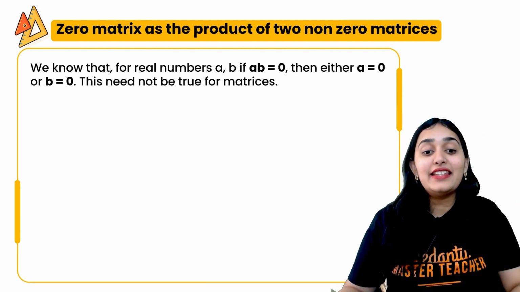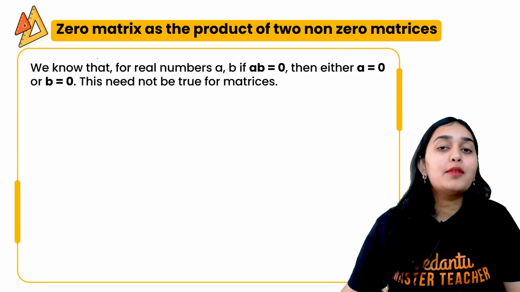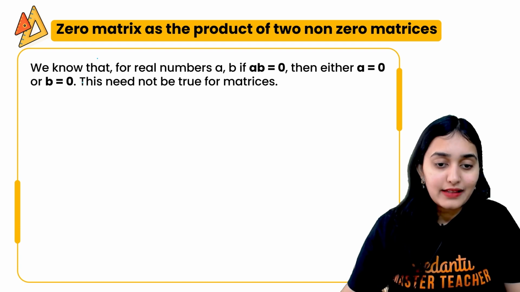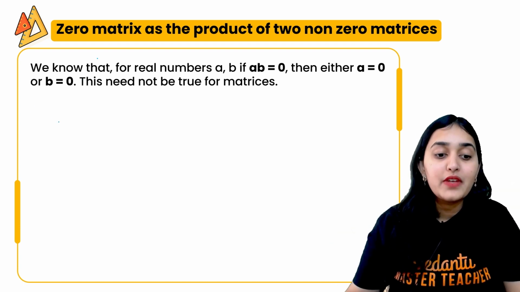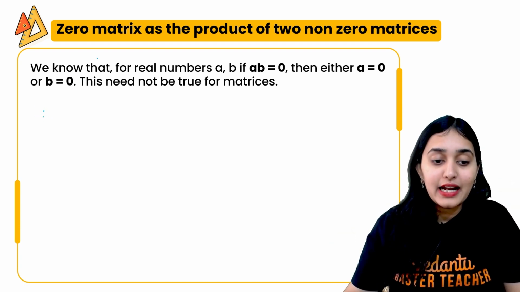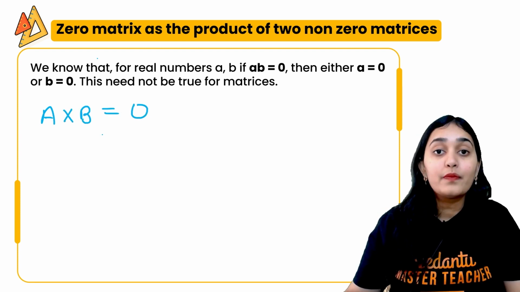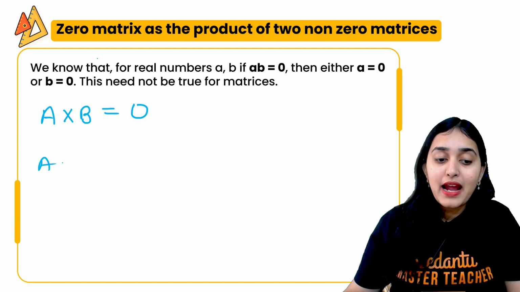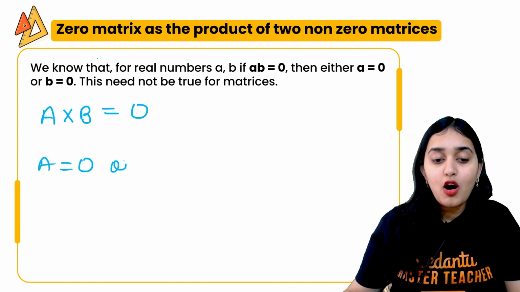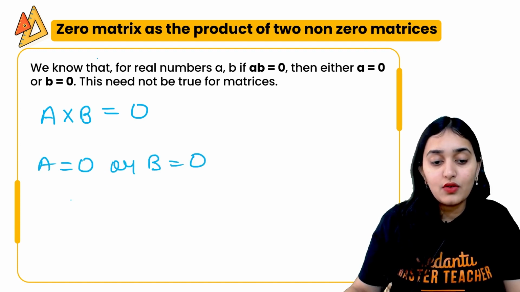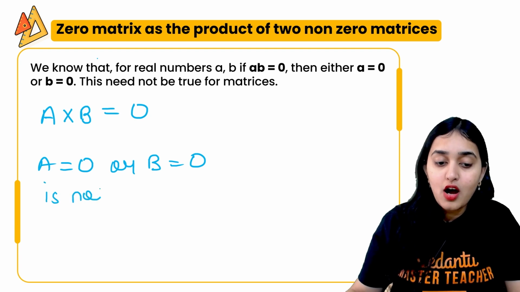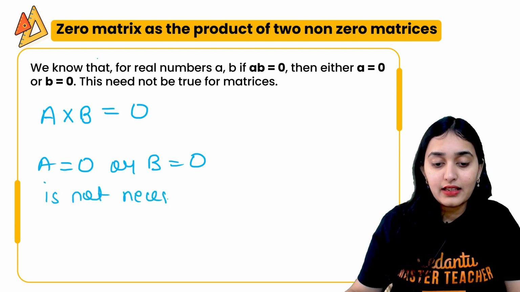Alright. Next is zero matrix and the product of two non-zero matrices. So what happens here is, if they are telling that A into B matrix is 0, then A matrix is 0 or B matrix is 0 is not necessary.